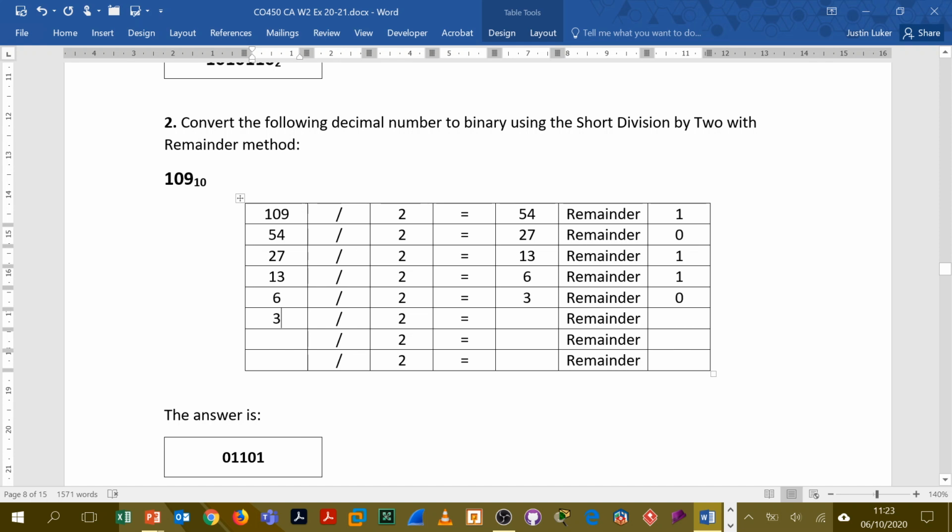So 3 divided by 2, again, I'm going to get a remainder on that one. So effectively it's going to be 1. And then 1 divided by 2, well, that would give us 0, and 1.